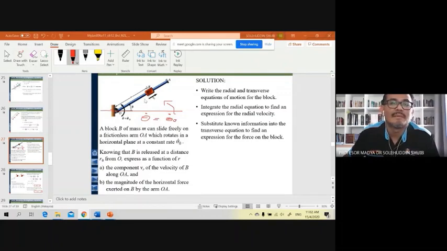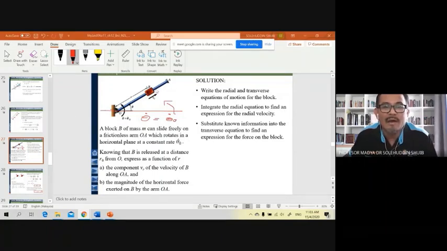What we understand here is that B can slide freely, right? Originally it is here, and when arm OA rotates, which direction will block B go? Is it going this way or this way?